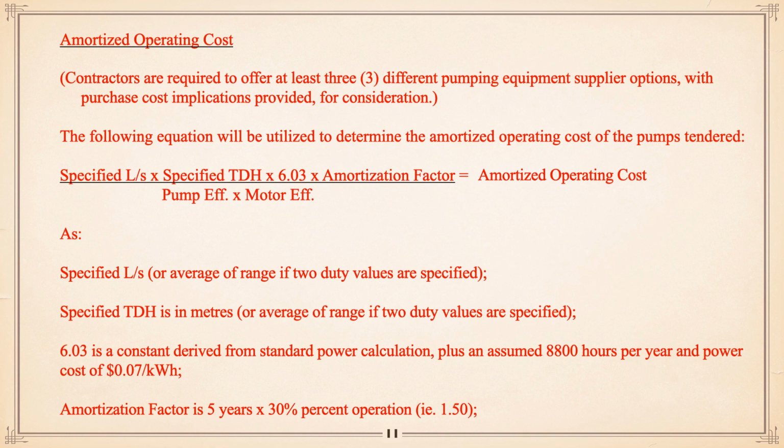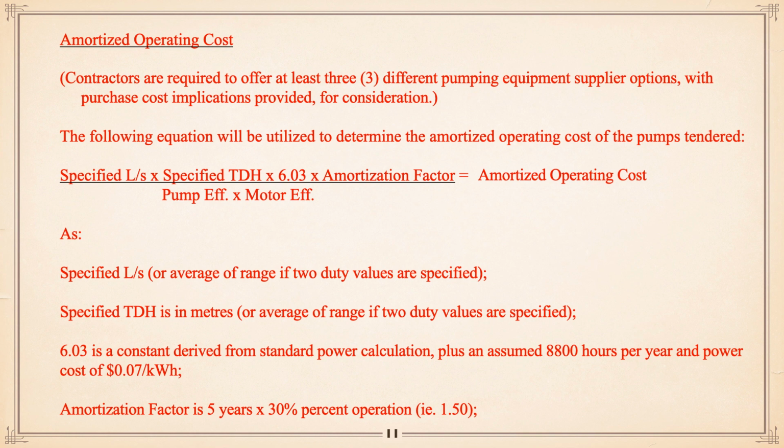One of the things I put together was the concept of amortized operating cost. And you can see there's an equation here which basically required bidders to offer three different pumping equipment options and the cost implications. And included in that would be the amortized operating cost, where a specified liter per second or US gallon, whatever, and specified TDH in meters.